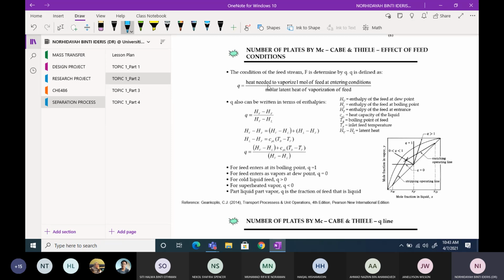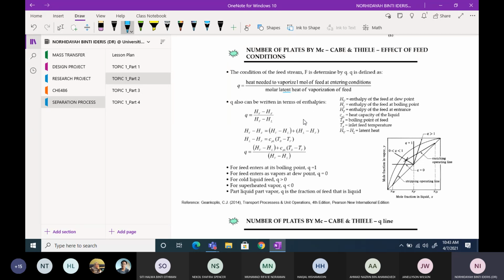The heat needed to vaporize 1 mole of feed at entering condition is equal to the molar latent heat of evaporation of feed. It means the heat needed to change 1 mole of components from its liquid to vapor phase.